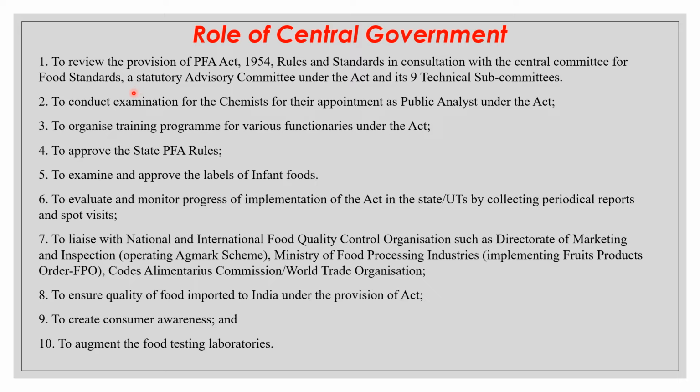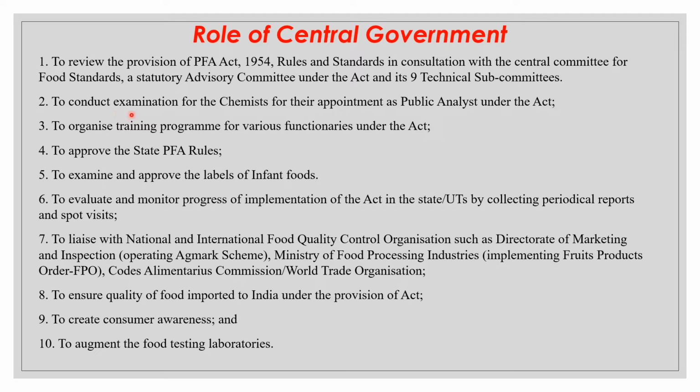Okay, there is a committee on food standards at the central level. It's a statutory advisory committee under the Act, and it has 9 technical subcommittees. Okay, so under the committee for food standards, there are 9 subcommittees. They are called technical subcommittees.